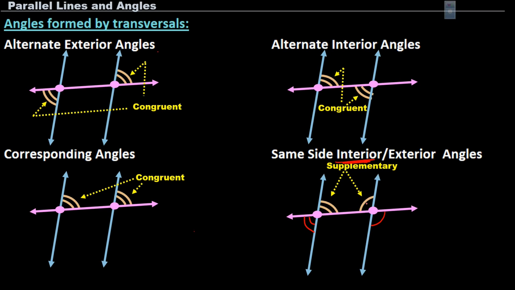Now, if my original two angles are supplementary, these two angles having the exact same measurements are also supplementary to each other. So, same side exterior is the exact same as same side interior. They're on the same side of the transversal. These are both on the bottom. They're both facing outwards away from each other, and the relationship is still that they're supplementary to each other.